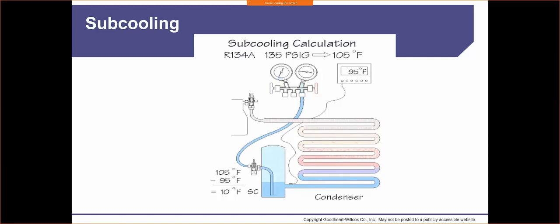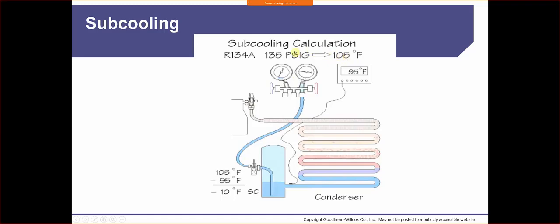So the subcooling calculation, real simple. What we're doing is we're going to measure the difference between our pressure and the temperature that we're getting a reading from. Based on my gauges, I've got 135 psig for 134A. I should have a saturation point of 105.